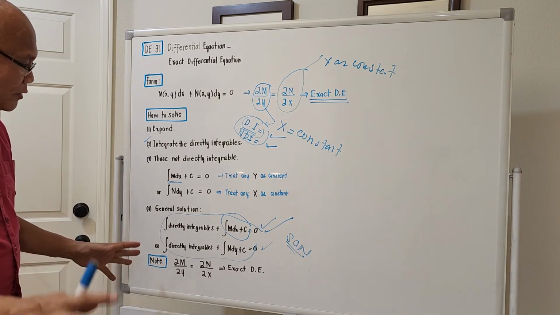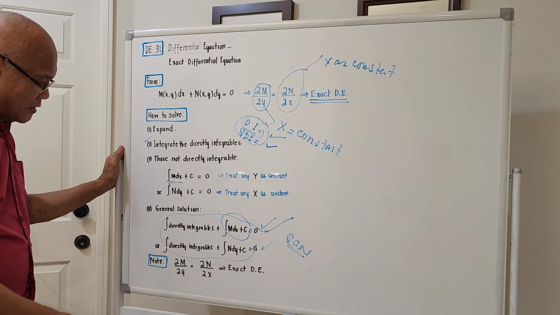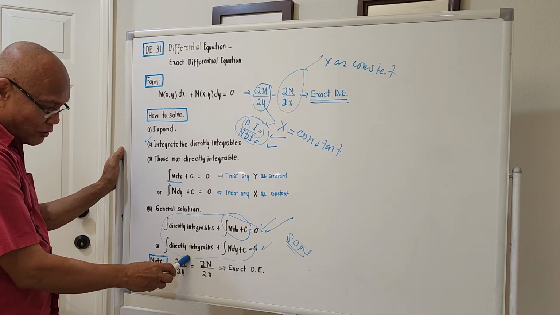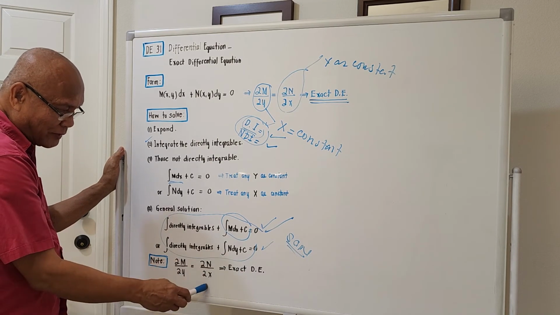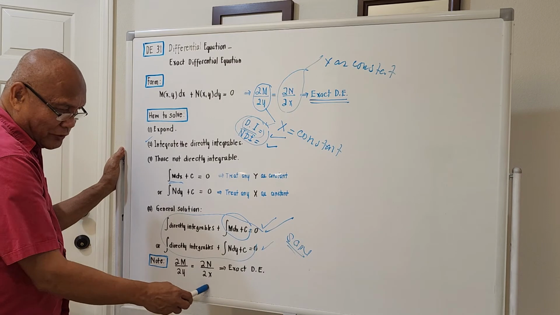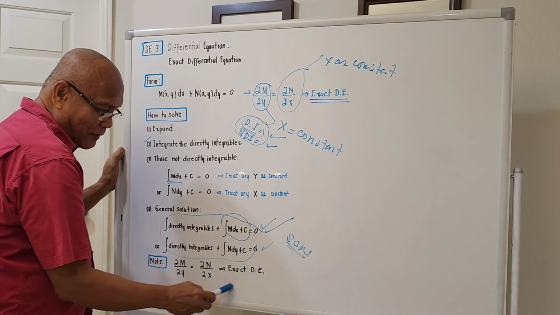I place a note here, and try to memorize this by heart. That is, the partial derivative of M with respect to y should be equal to the partial derivative of N with respect to x. If these two here are equal, the given equation is an exact differential equation.